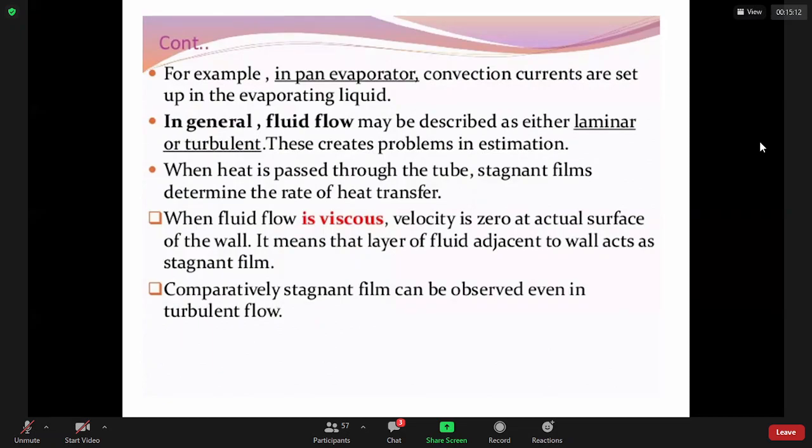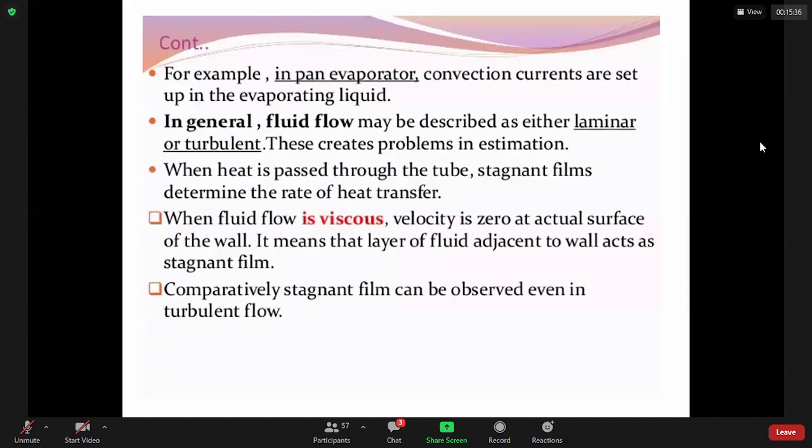In general, fluid flow may be described as either laminar or turbulent. We saw this when we were talking about fluids. When heat is passed through the tube, stagnant films determine the rate of heat transfer.